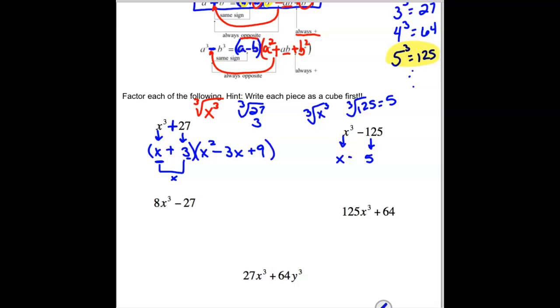Our sign was a minus, so we're going to bring that down. That is the first of my two factors. Then I need the trinomial part, the 3-termed piece. The x, my first term here, gets squared. I do the product, 5 times x, and I change the sign. And then I do the square of the 5 to get a positive 25.